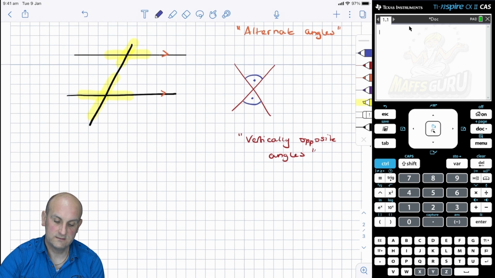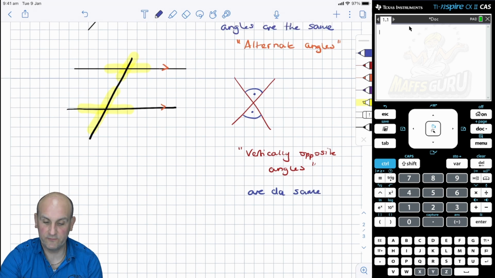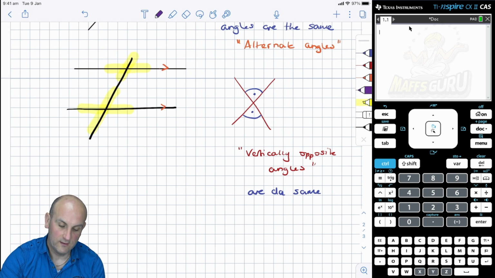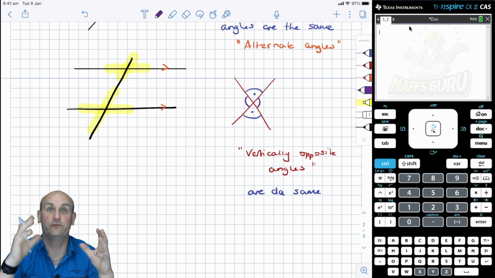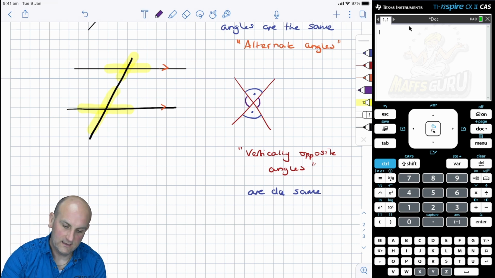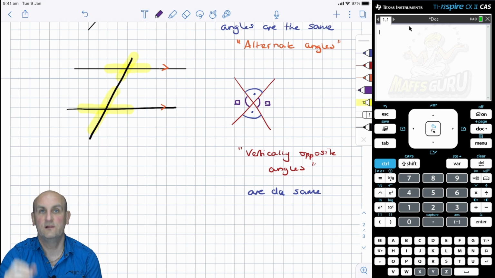So vertically opposite angles are the same. But we also notice that there are two other angles that are also the same size, because an X has two opposite angles. So if I do that as a square and a square, for example, they are the same as well.